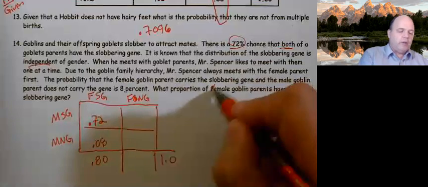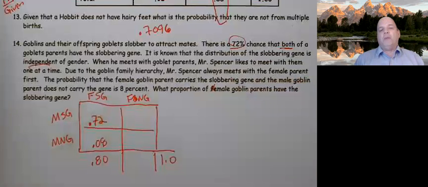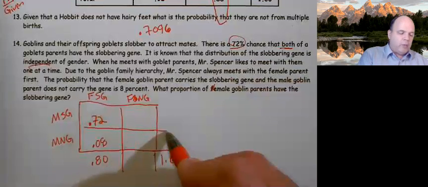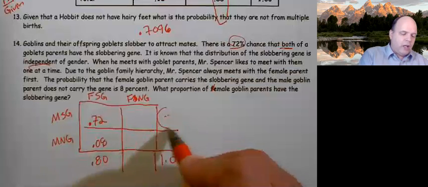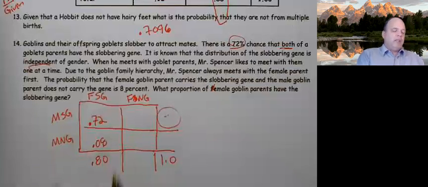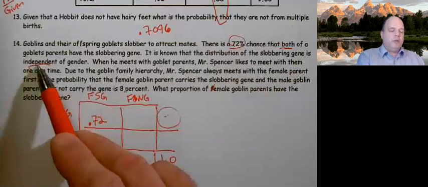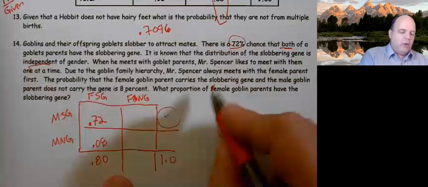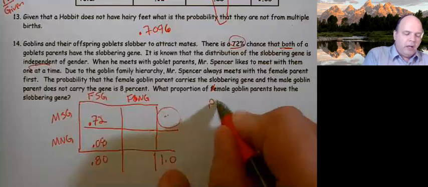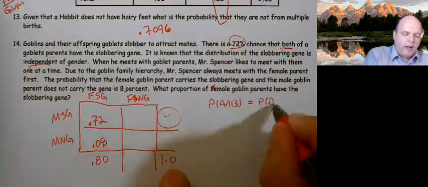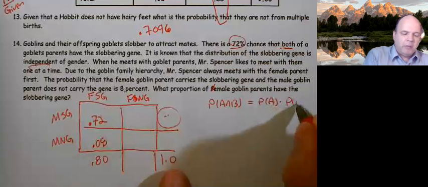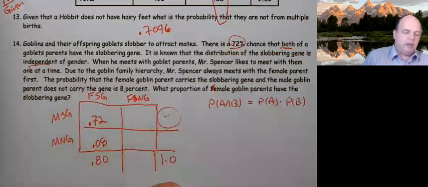This was not supposed to say female. That was supposed to say male. Had it been male, this problem becomes a little more difficult because I don't have any more information, and I need this value right here. But they tell me that this was supposed to be independent. And I know this, the probability of A and B equals the probability of A times the probability of B if they're independent.